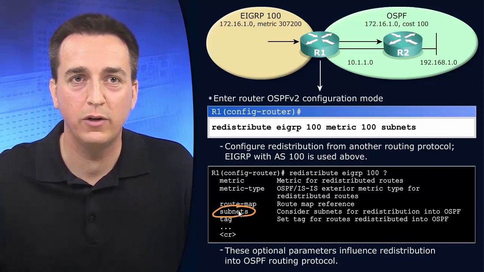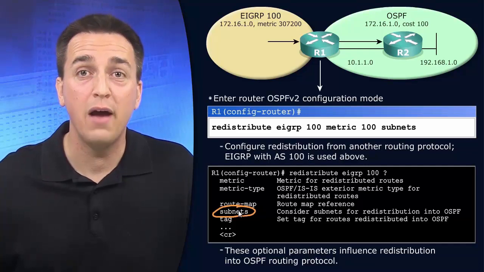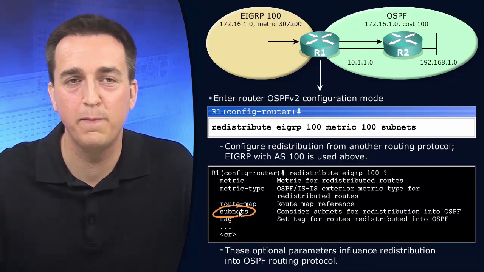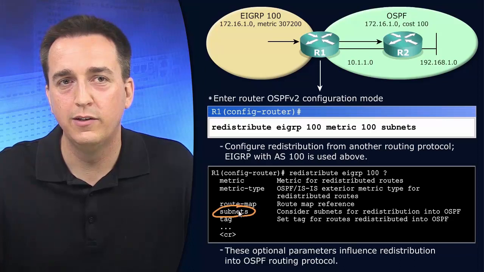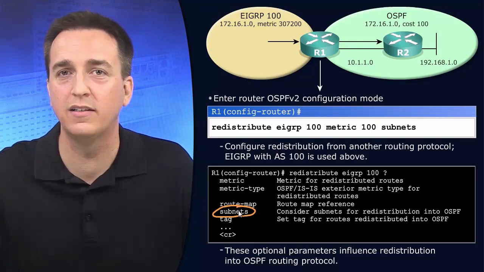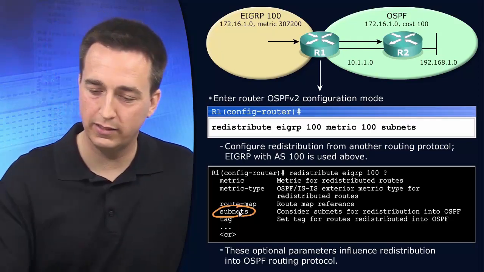This subnets keyword is going to be used to redistribute those networks that are not default class A, B, or C. So if for some reason redistribution is not working properly, you're not getting the routes you expect, it might be because you forgot the subnets keyword. We'll see that in our example.